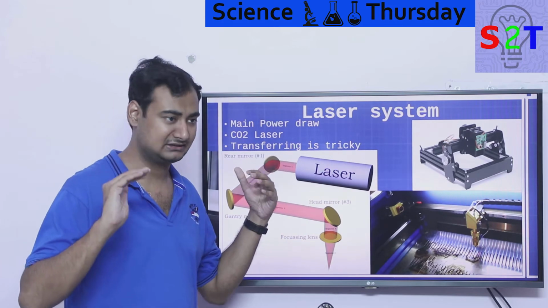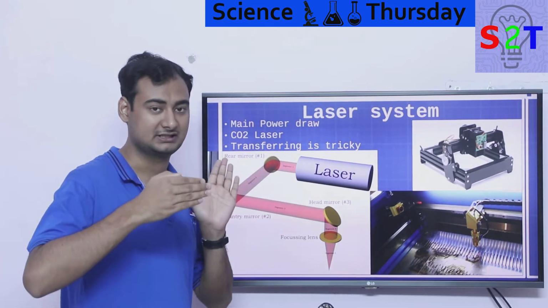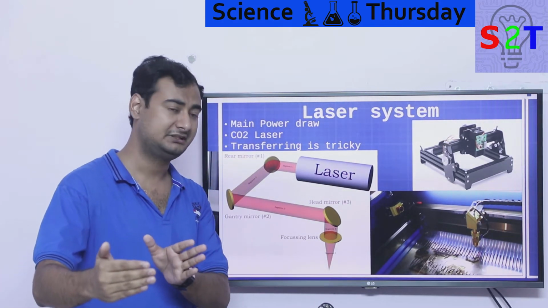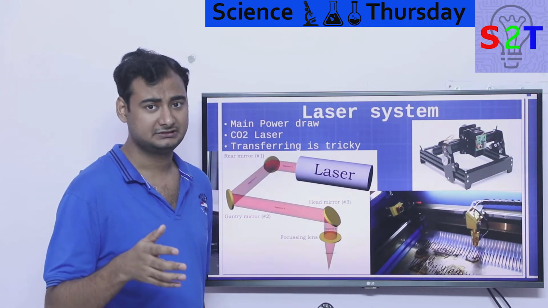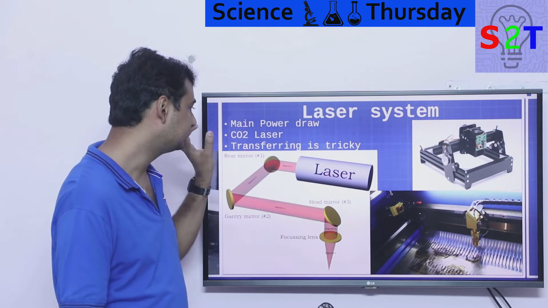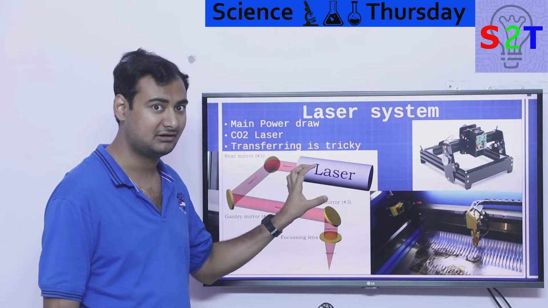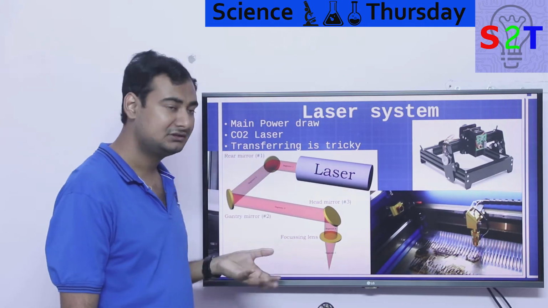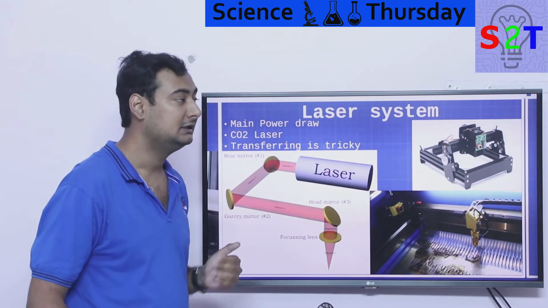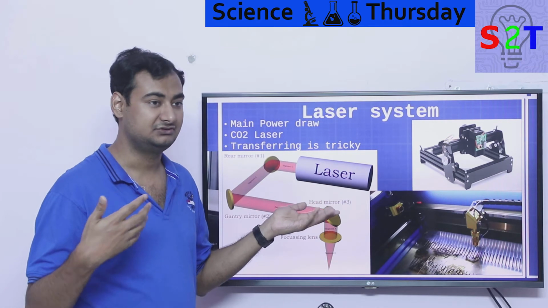So even for a 1.5 kilowatt laser, and yes, I'm using the word low, you will have to spend around 3 to 8 kilowatt of power. So that is the main tricky aspect. This is the main power draw, not the machine that is moving all the gantry around. Now generally for industrial reasons we use CO2 lasers. Why? Are there better lasers? Yes. Are there cheaper lasers? Yes.